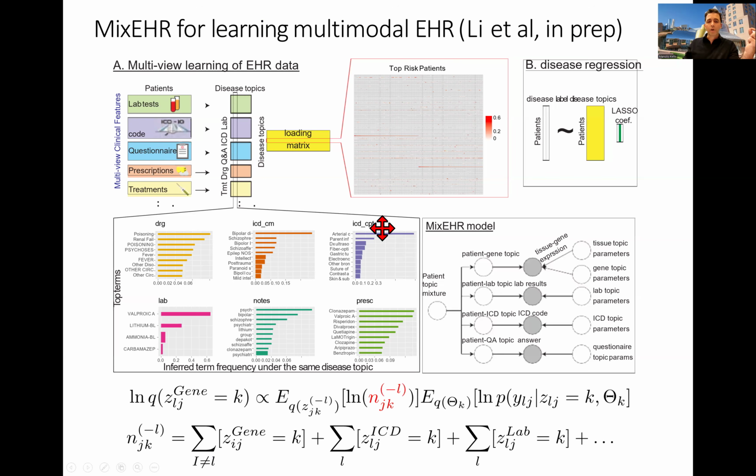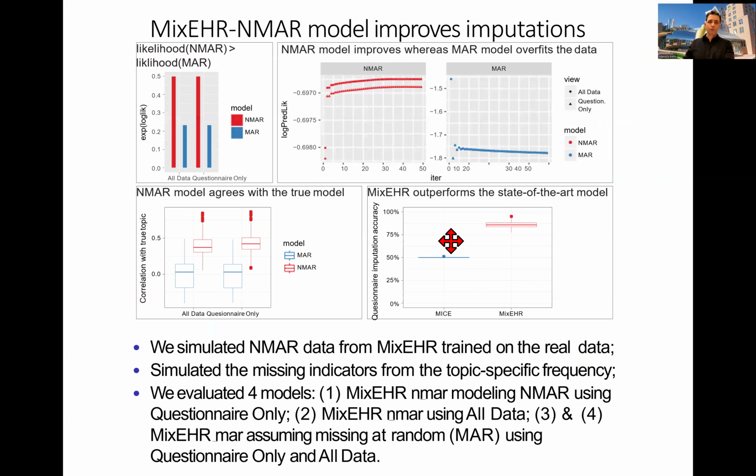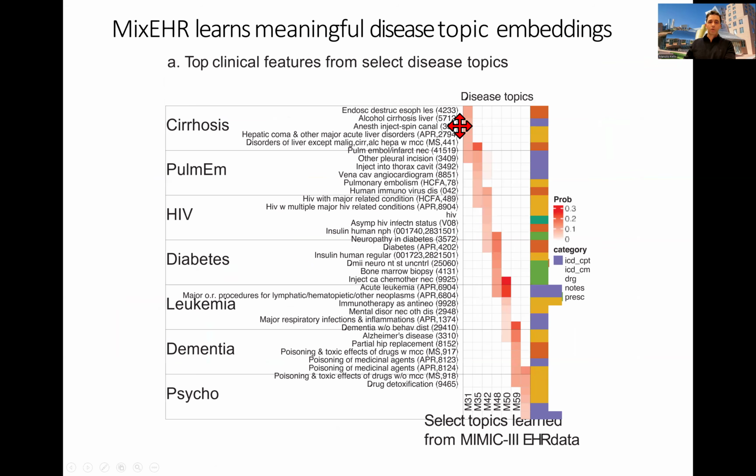So now you can start modeling this mixture of EHR records by modeling the patient gene, patient lab, patient ICD code, patient questionnaire, etc., each of which is now contributing to your overall representation of a patient.